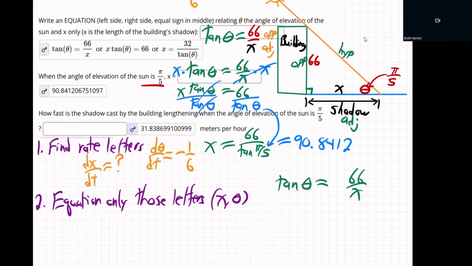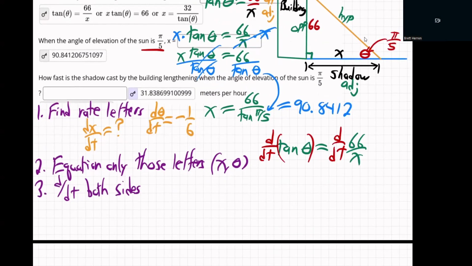Okay, and then step three is always d dt both sides of that bad boy. So we got to come in and go, okay, I'm going to d dt this side, and d dt that side. Let me take it slow and do the tangent first.